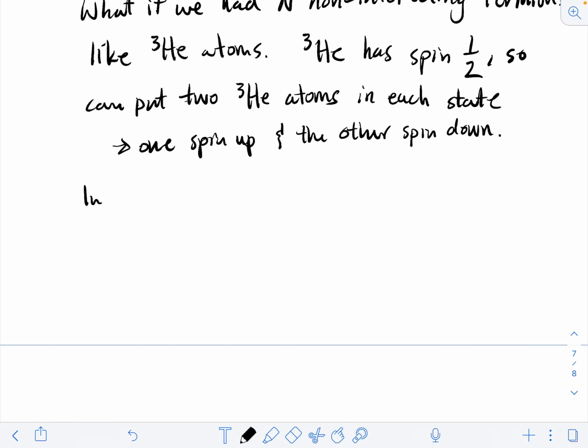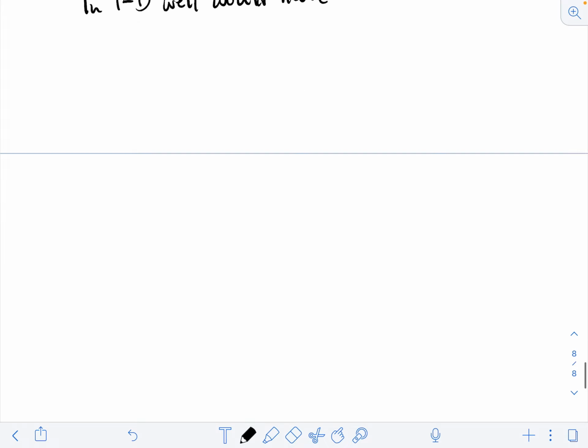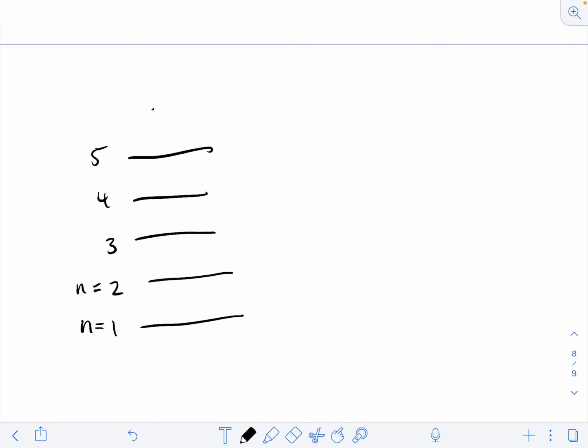Okay, so in a 1D well, we would have something like this. Let me draw it over here. So there's an n equals 1 state and an n equals 2 state and a 3 state and 4 and 5 and so on.